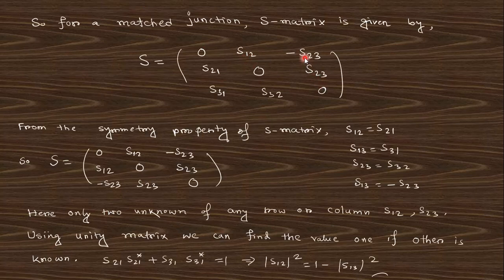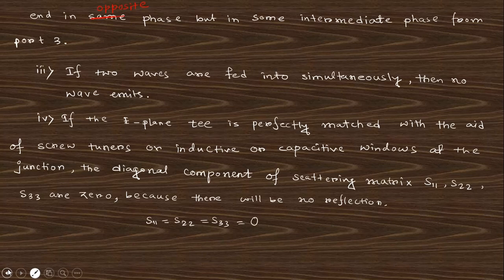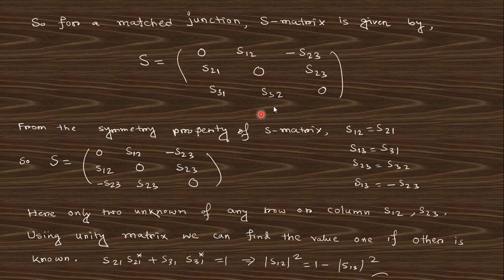So S12, S13 and S23, this is minus S23. So put this S13 as -S23, and this is S21. This is the symmetry property of the S matrix. So you can say that these two are equal, and these two are equal, and these two are equal. So you can see here there are only two variables, that is S12 and S23.